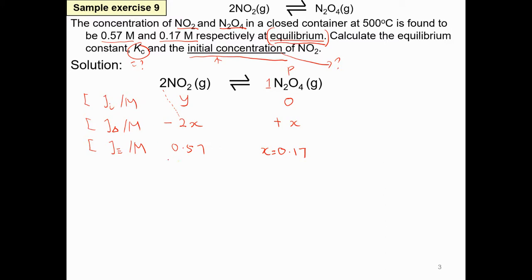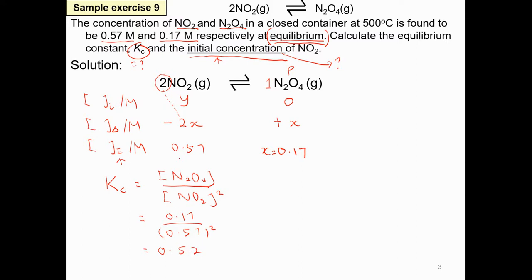Now the first thing we can try to find is Kc, because we have all the concentrations at equilibrium. So write down the expression for Kc first. Product over reactant. Don't forget to square, and then substitute the value, 0.17 over 0.57 power 2, then we will get 0.52.